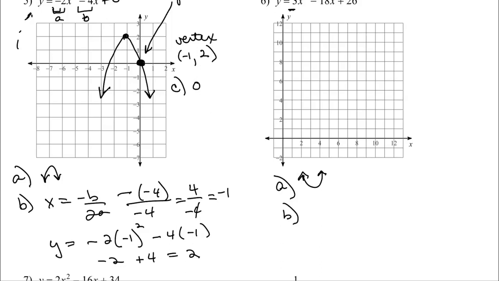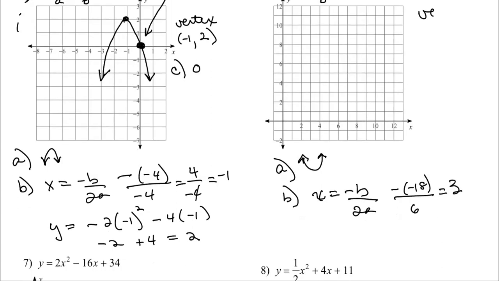Get your x, so x equals negative b over 2a, and here is your b, that's your b, and this is your a. Okay, so negative, and then the b is negative 18. A is 3, so 2 times 3 is 6. A negative of a negative is a positive, so that's 18 divided by 6, which equals 3.